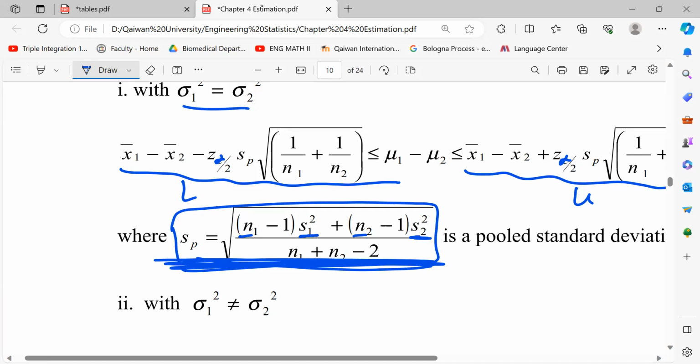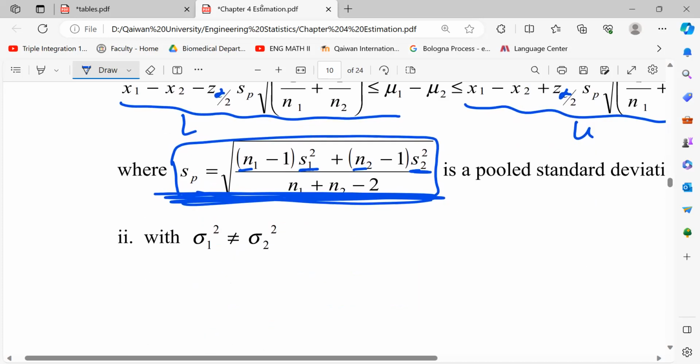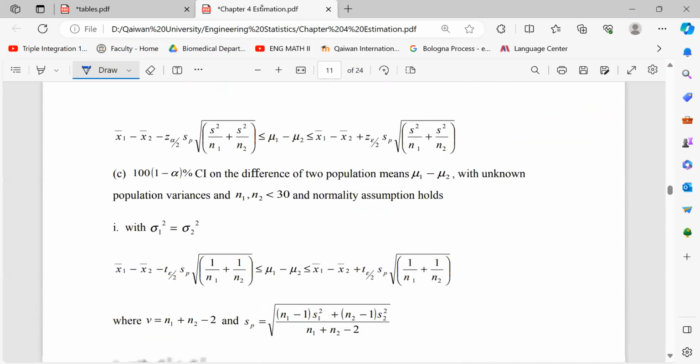Okay? If both populations have the same variance, we use this rule. But SP is given. If their variances are not equal, we have another rule. That's it.